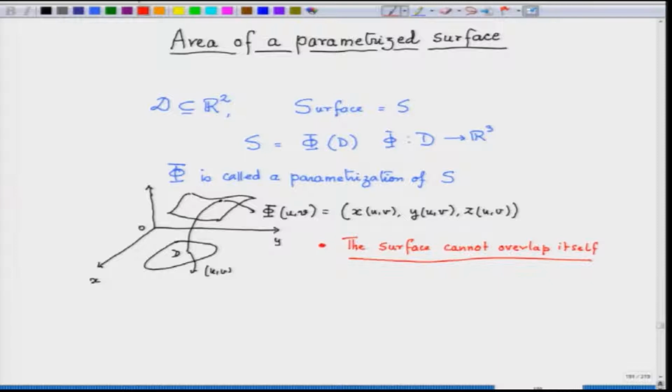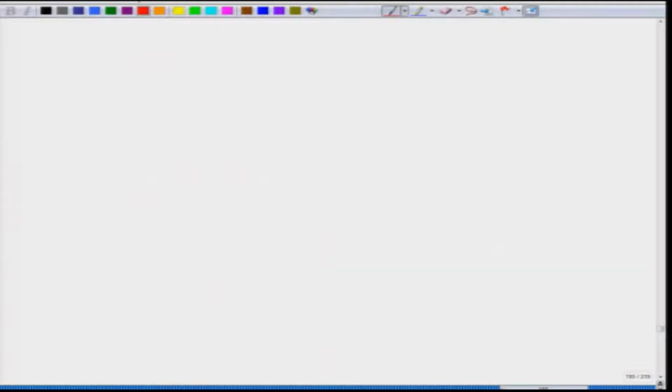Once these things are kept in mind, the surface area, which we write as area of S, is given as the integral over the domain D of the norm of phi u, you know what phi u is, cross phi v, du dv.